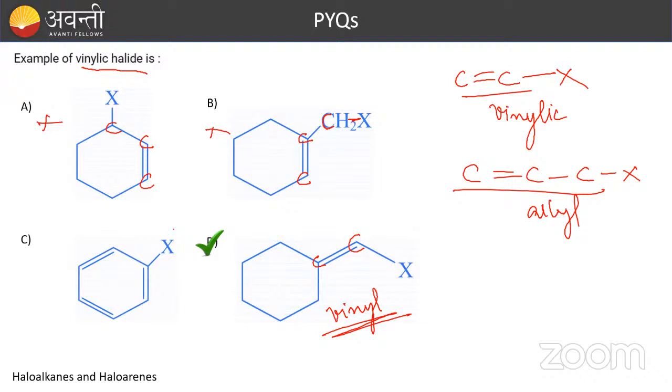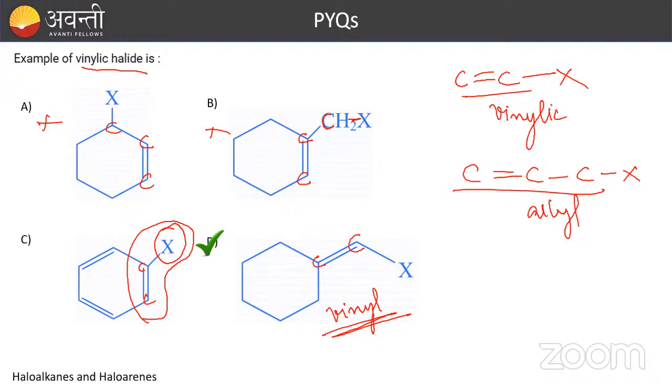If the halogen is directly attached to the phenyl ring, which has 3 pi bonds inside it, that is an example for aryl halide and not vinyl halide. You should not just see this part alone. You have to look into the entire compound. If the compound has pi bonds inside it, then that will not be the answer for a vinylic system.